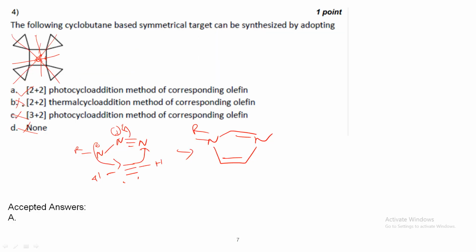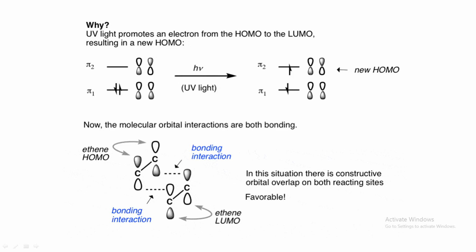I hope all of you know, but to remind you, let's have a quick discussion, just a slide. For 2 plus 2, for any cycloaddition, when we are doing it, we need to have a symmetry matching of the HOMO and LUMO of the particular molecules. So you need to have the symmetry matched. Let's consider plus and minus, or here you write filled or not filled.